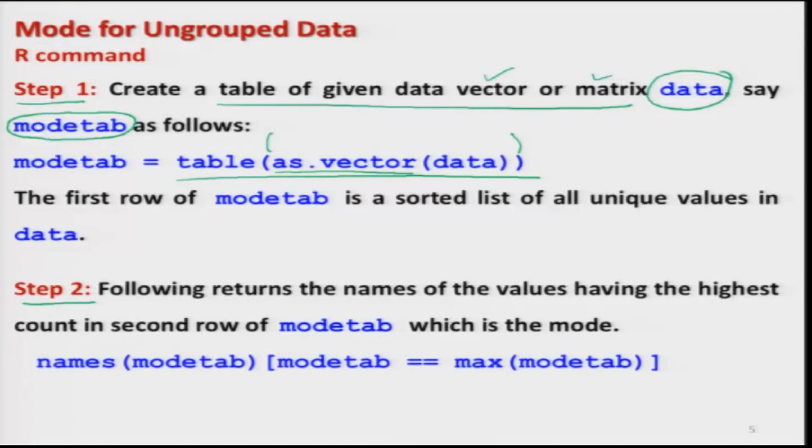That means you consider the data as a vector, and this data, which has to be considered as a vector, is given inside the variable name data.